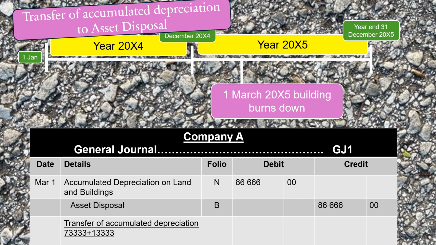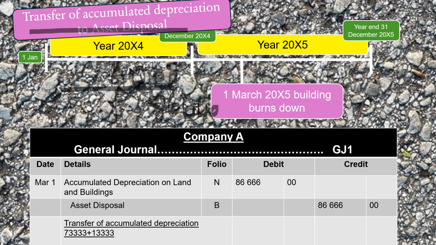Now, what I mentioned earlier, we need to transfer the accumulated depreciation of the building to asset disposal. Once again, this stands for accumulated depreciation. Don't get confused with asset disposal. I'll write in there DEP. Accumulated depreciation after year 1 and year 2 had a balance of 86,666. Remember, it was 73,000 and the 13,000.